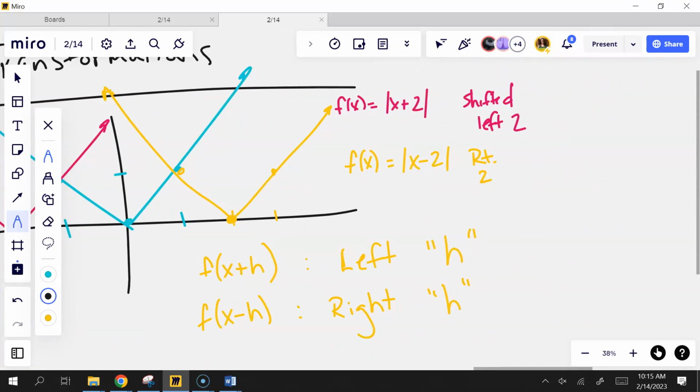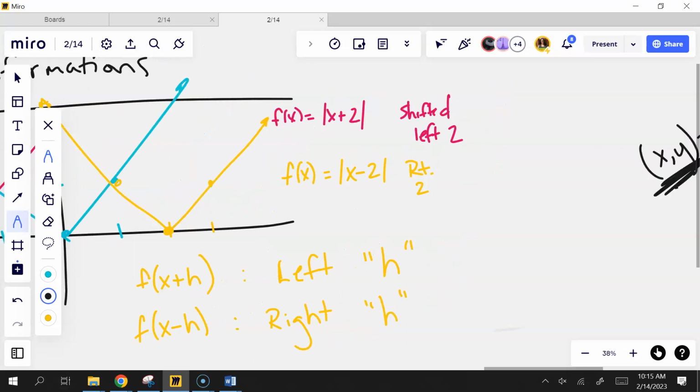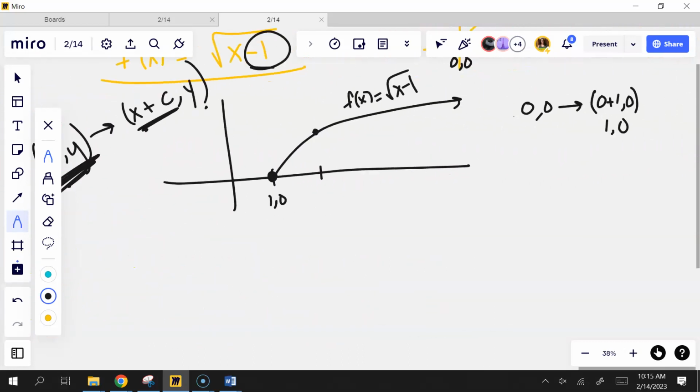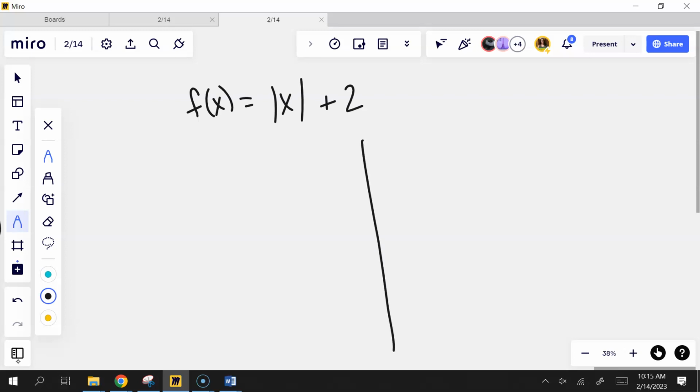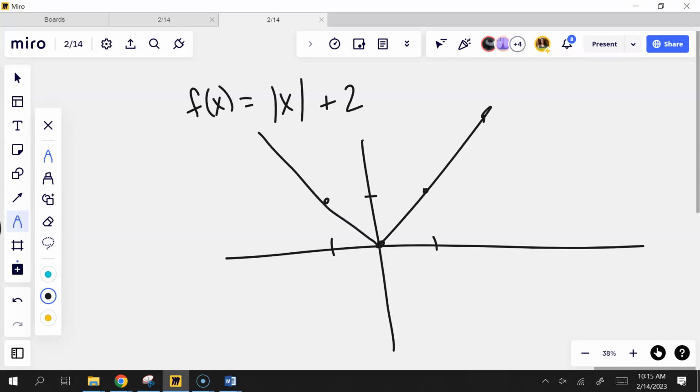All right, let's look at, I'm on the left side now with numbers 3 and 4. Number 3 says f of x equals the absolute value of x plus 2. And I'm going to come over here and draw my parent graph, just so you can see how it's changed.